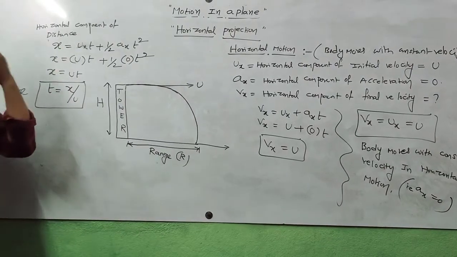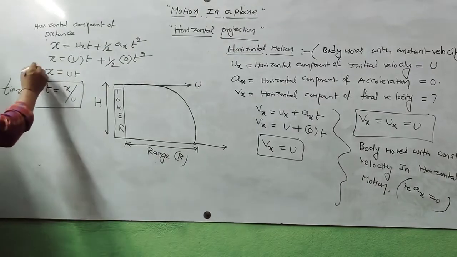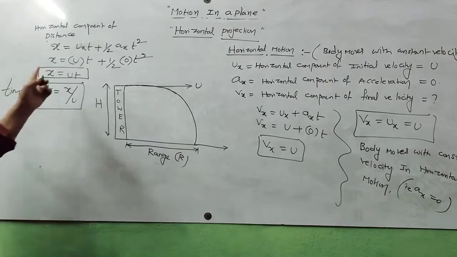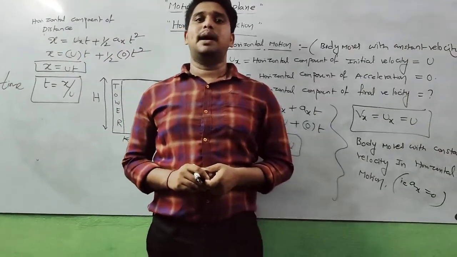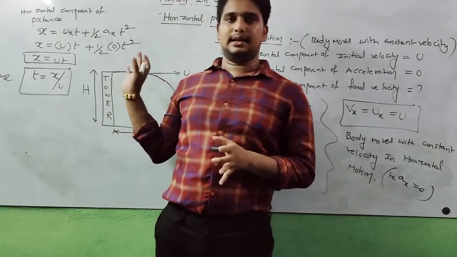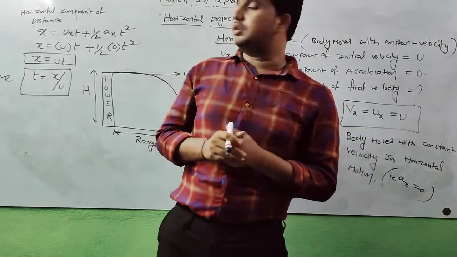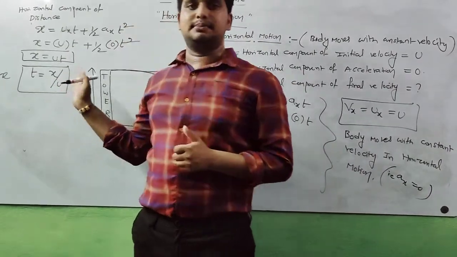In case of horizontal motion, the equation of projectile is x is equal to ut, and time t is equal to x by u. This time value is used in vertical motion. So observe carefully and memorize this formula, t is equal to x by u.